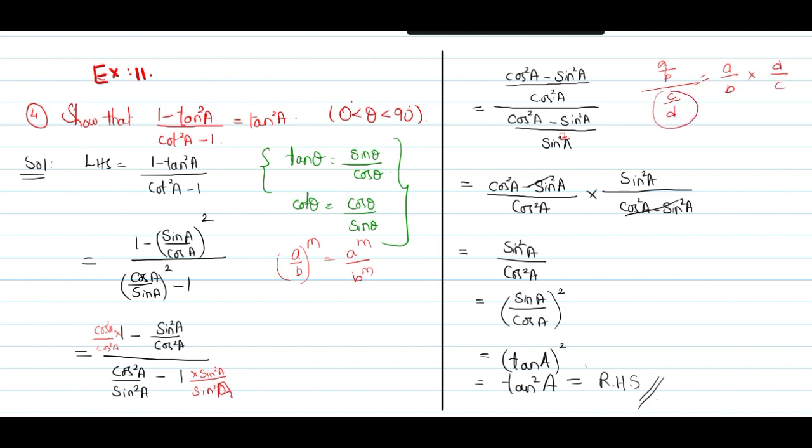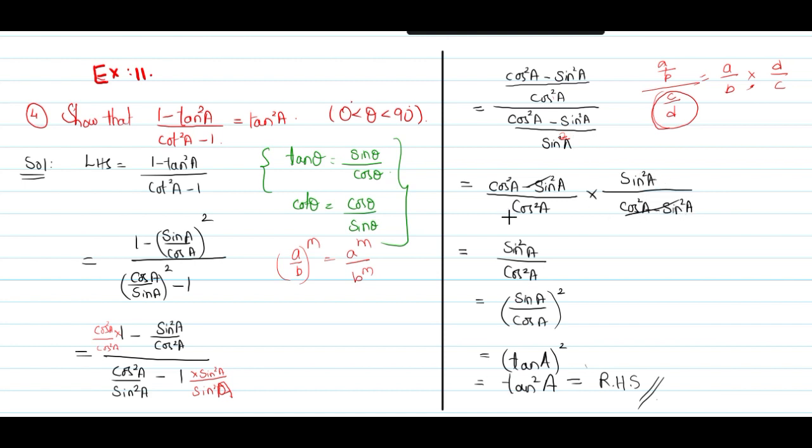Simply, whatever is there in the denominator, we write the reciprocal of it. So here we have c by d, we write d by c, and the sign between them is multiplication. We have written the numerator as it is, then multiplied by the inverse of this one, that is sin square a by cos square a minus sin square a.